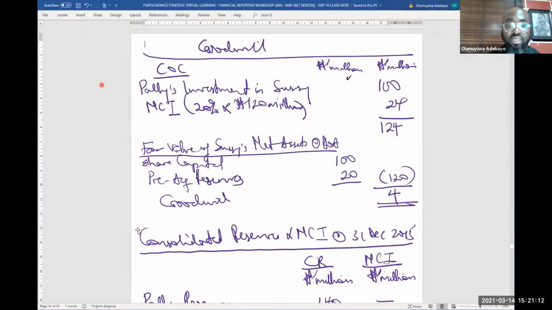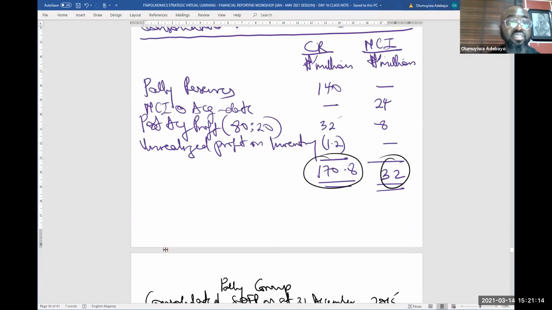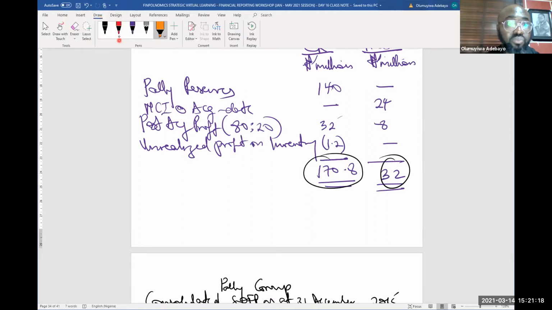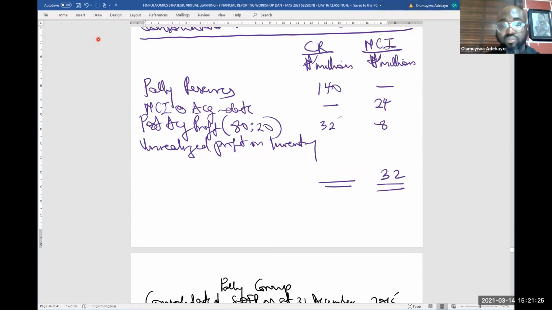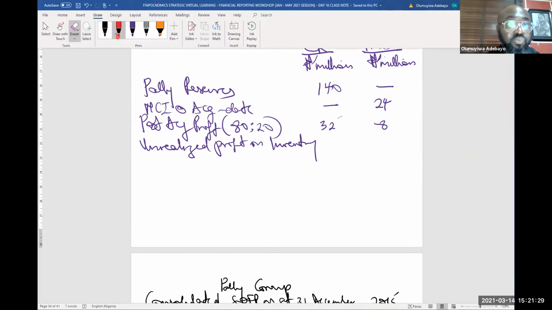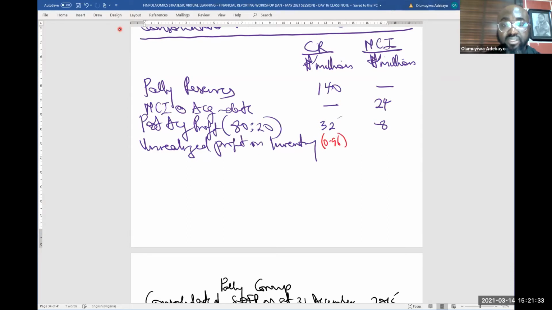Therefore, I come here to recognize that fact and say the adjustment will be 0.96 for the parent and 0.24 for the subsidiary.